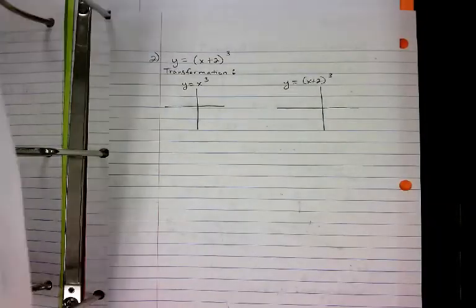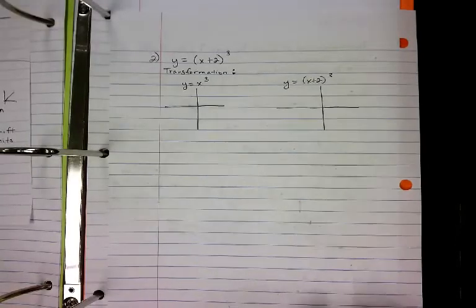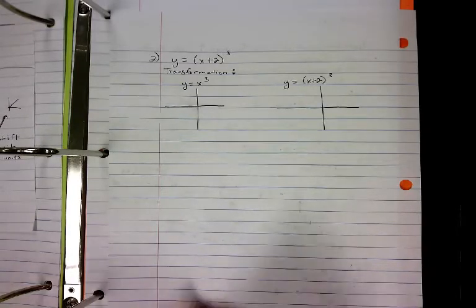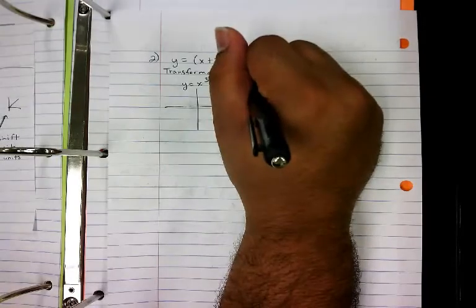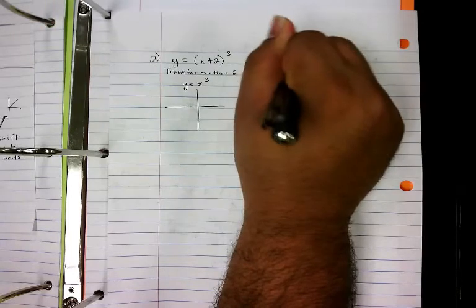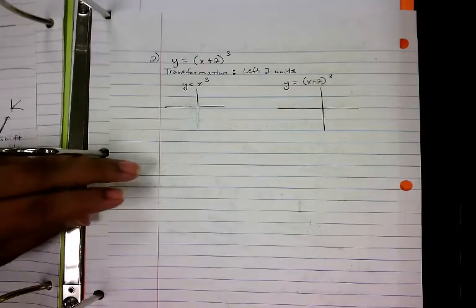So it says x plus 2, which means we're going the opposite way. I know we think plus means to the right. When it's in the parentheses, it means it's going to the left. So my transformation is left 2 units. Okay, left 2 units.